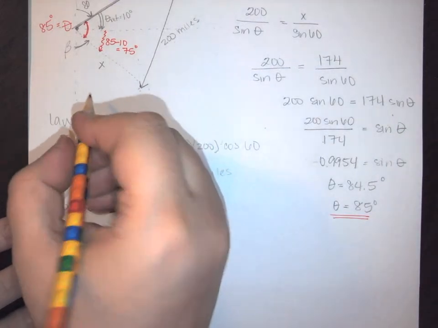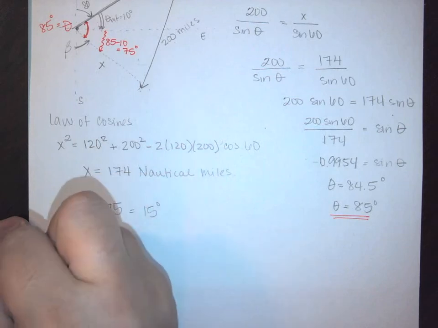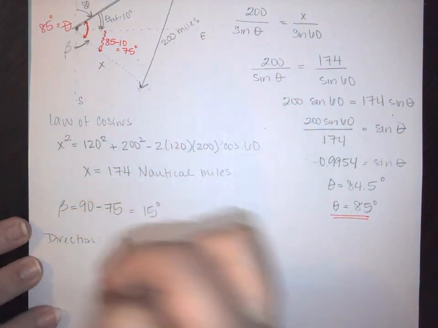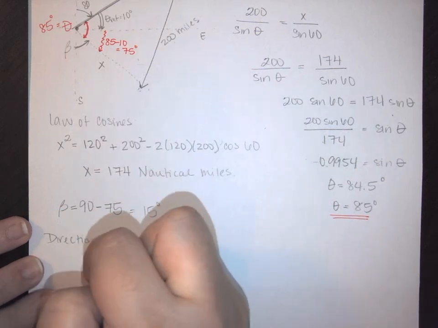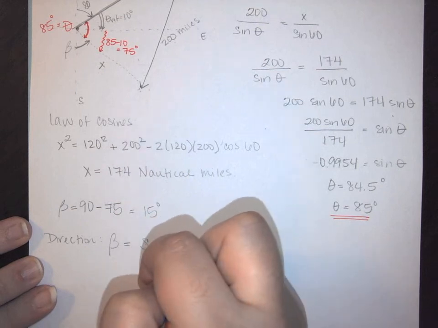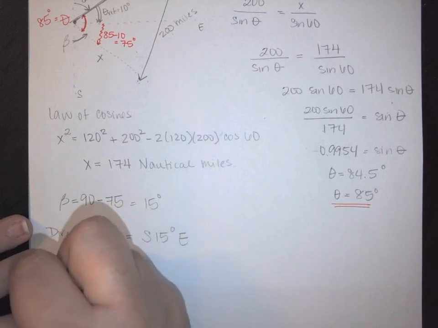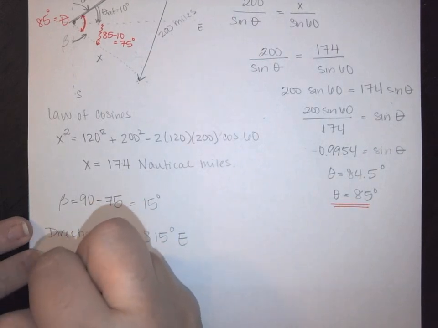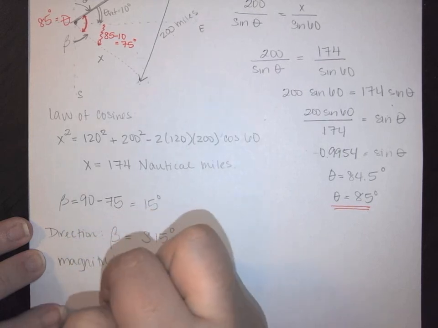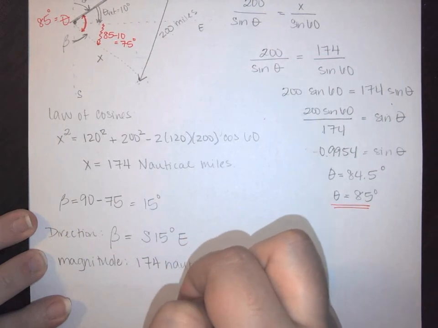So here your direction says this is south and this is east. So to find your direction, you would have to state that beta was equal to south 15 degrees east. And with that, it has a magnitude of 174 nautical miles.